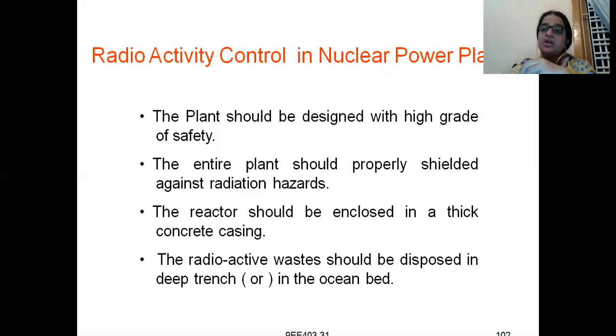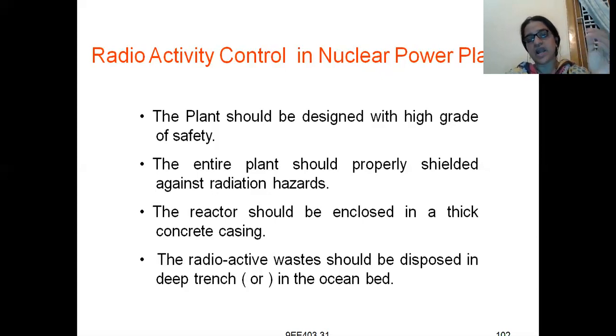And if we are negligent for a long period of time, the people in and around the area, the living creatures, humans, even animals, or any water resource nearby, the whole nature around our nuclear power plant will get affected if we are not shielding this nuclear power plant properly against radiation hazards.